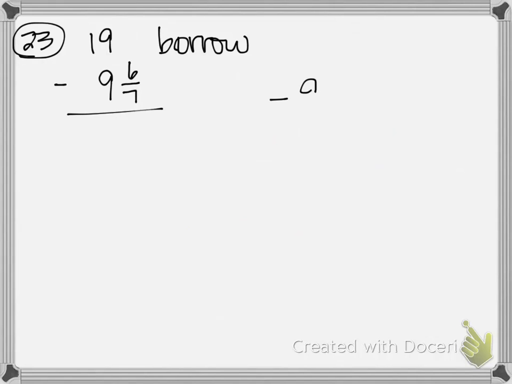So I'm going to rewrite it. But instead of 19, I'm going to rewrite it as 18. So I'm going to borrow 1 whole. And how am I going to write that? I'm going to write it as 7 over 7. Because would you agree that 7 over 7 is the same thing as 1?